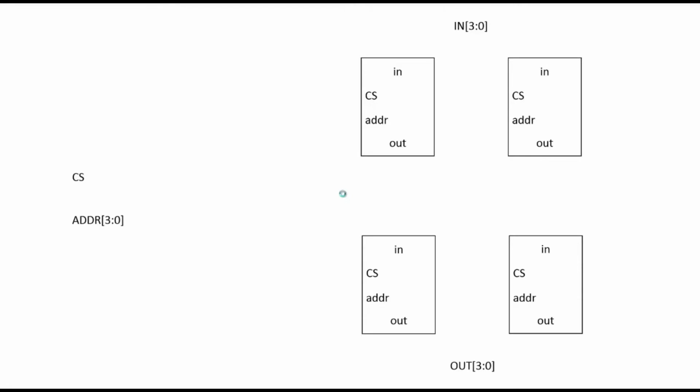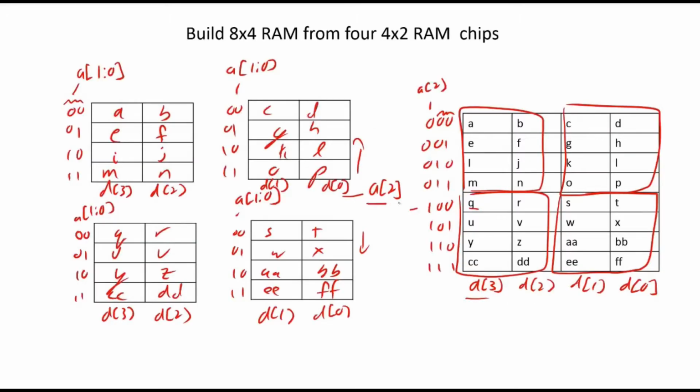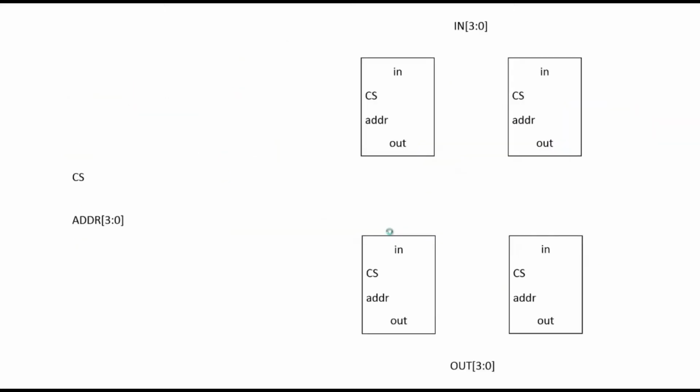So I'm going to take my address bits here, and first, let's take care of address bit 2. I want this to be able to select between the top or the bottom. So this is when address bit 2 is 0, this is when address bit 2 is 1. The way I can do that rather easily is by using a decoder with enable.